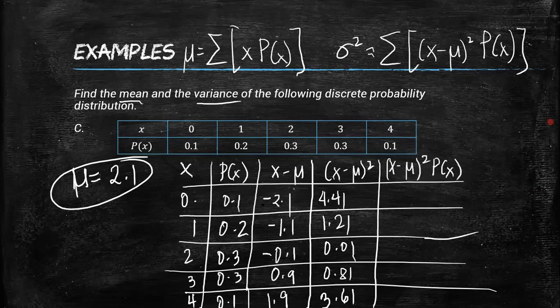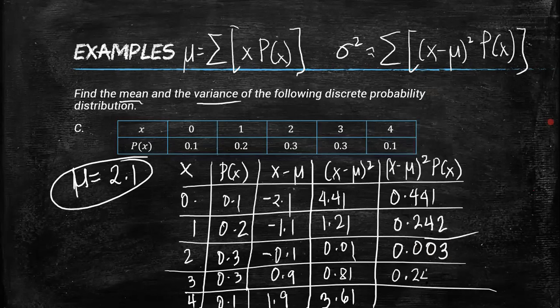That would be 0.1 times 4.41, that is 0.441. 0.2 times 1.21, that is 0.242. And then 0.3 times 0.01, that's 0.003. Tapos 0.81 times 0.3, that's 0.243. And 0.1 times 3.61 is 0.361. Itong lima na to ipag-add.